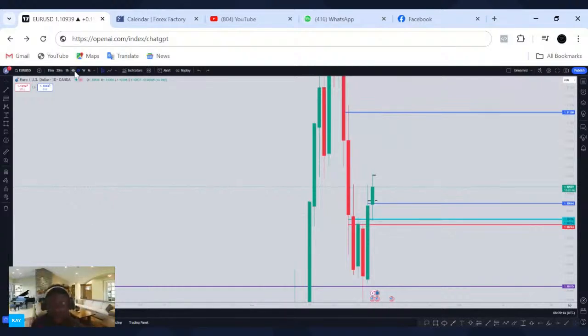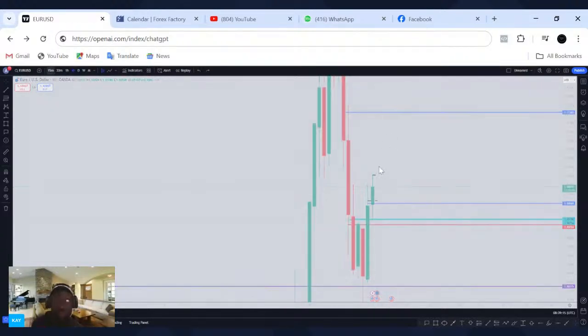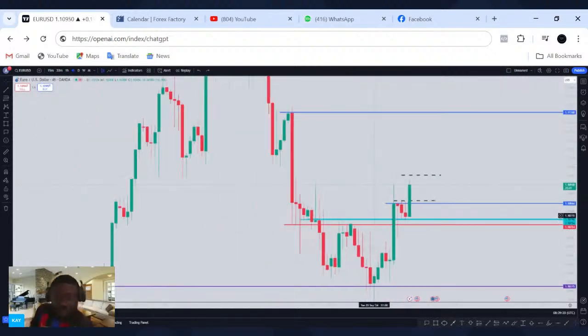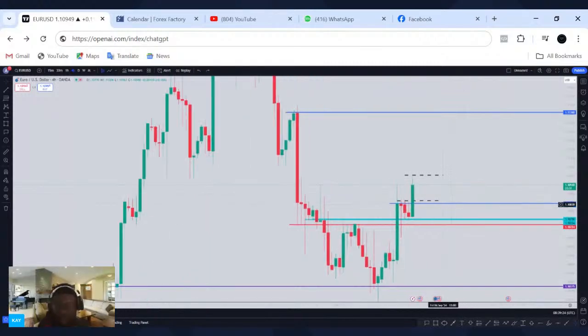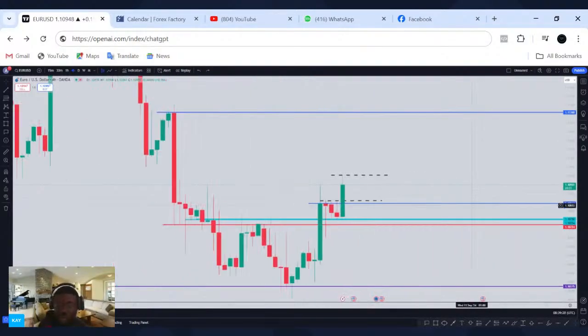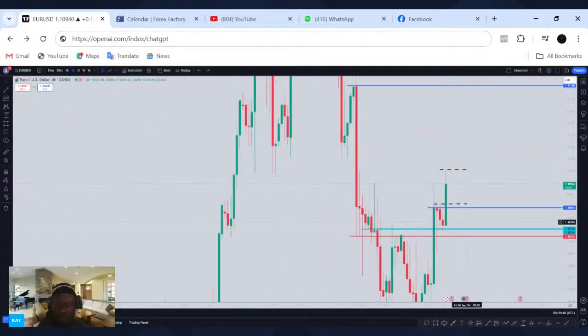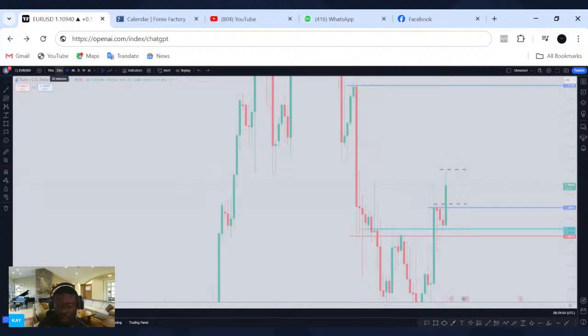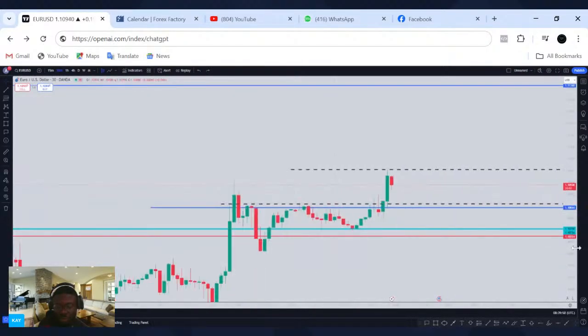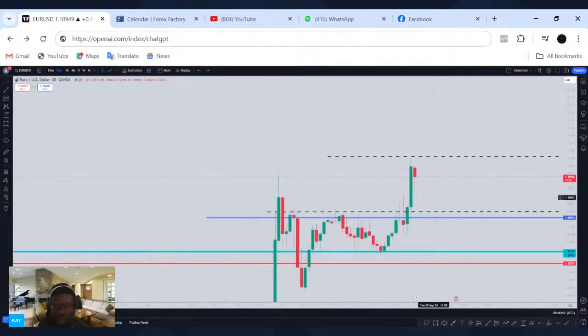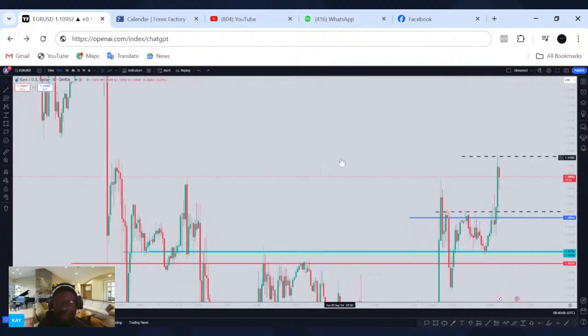But the price that it's closed on is too high. Best price would have been this side. But yes, you will still find a way. So we have like 20 minutes for the candle to close.